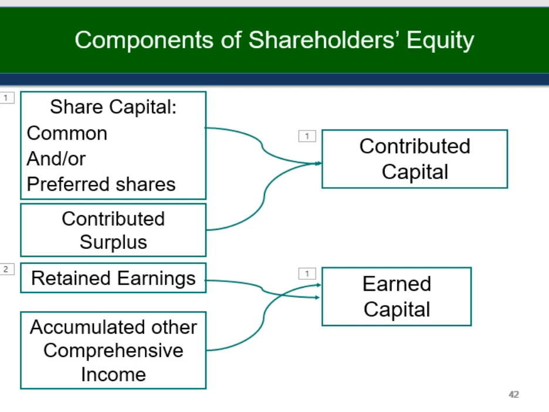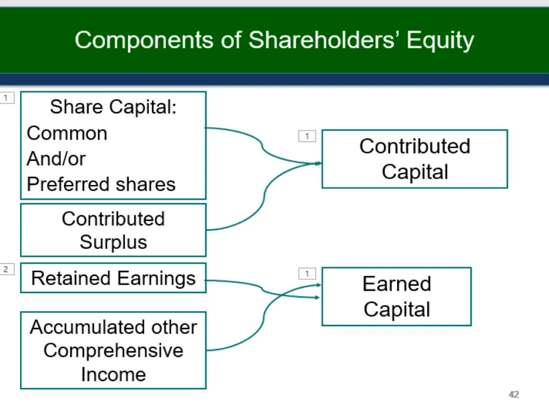An issue of convertible debt can affect the contributed surplus. Any forfeited share subscriptions, like we've seen earlier, and donated assets by the shareholder will go into contributed surplus as opposed to share capital. It's shared among all the shareholders equally. Redemption or conversion of shares can affect contributed surplus as well.